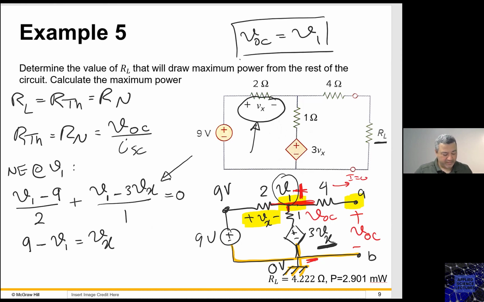Is that clear? Shouldn't it be free Vx? No. Look at the location of the Vx.